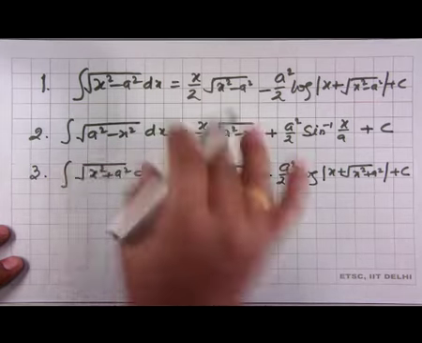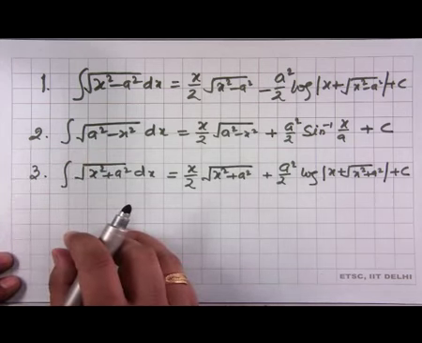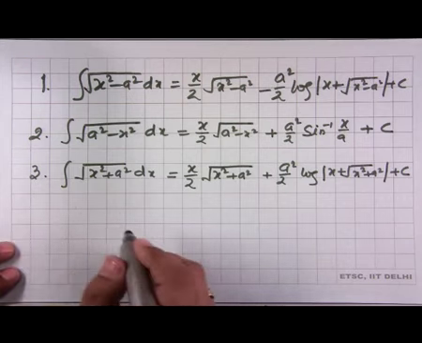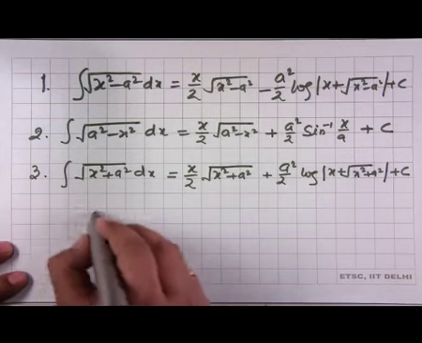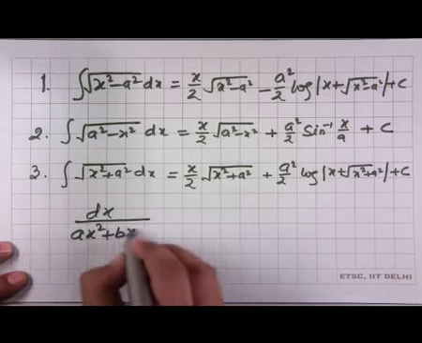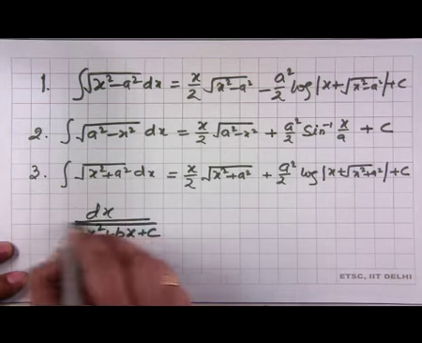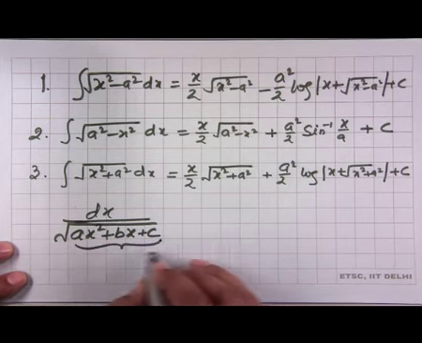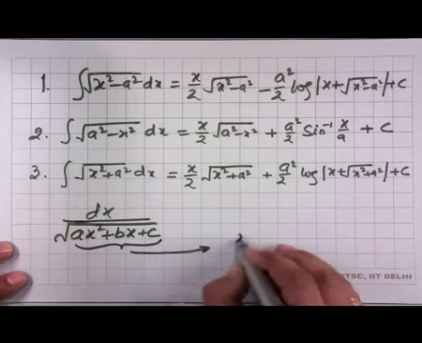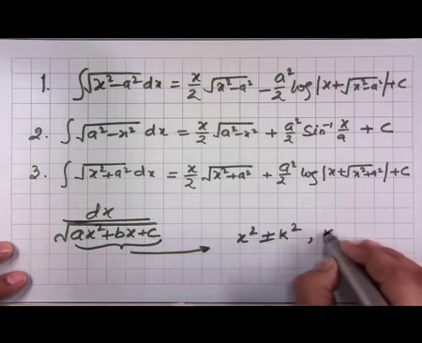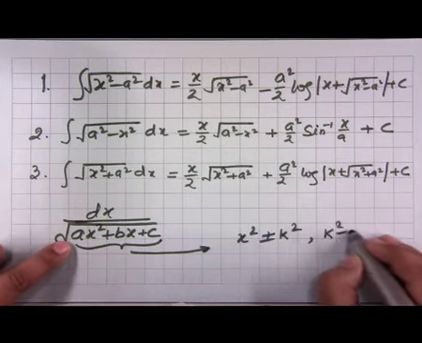So, these three important formulas will help you in evaluating certain integrals, depending on what kind of form they are. We have already seen in the case of functions of the form dx upon ax square plus bx plus c, with a square root, that this can be converted into one of the forms x square plus or minus k square, or even if a is negative then k square minus x square.